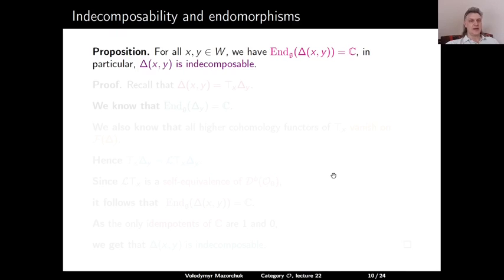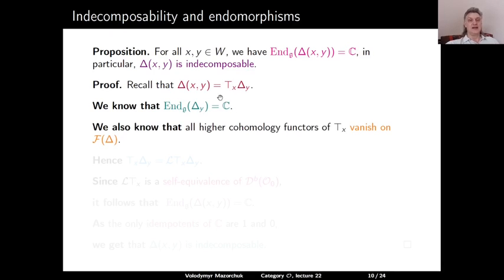For any x, y in W, the endomorphism algebra of delta xy is trivial, so it coincides with the base field. In particular, the module delta xy is indecomposable. To prove this, let us recall that delta xy is T_x of delta y. We know that the endomorphism algebra of any Verma module is trivial, and we also know that twisting functors are acyclic on Verma modules, so there is no homology when you apply twisting to a Verma module.